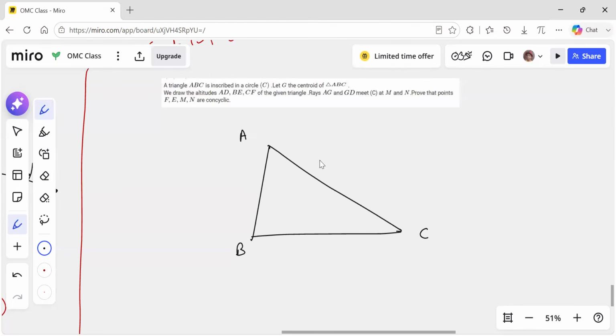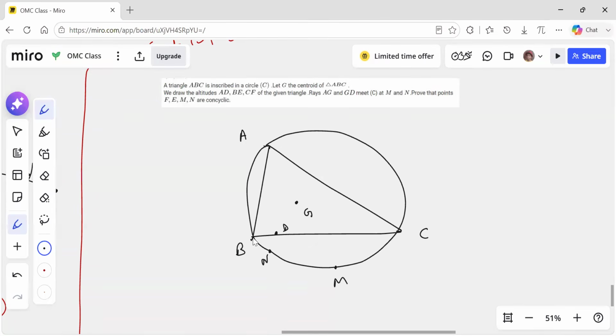Yes, you need that. So let me just, who the hell calls a circle C? Here you have G, somewhere. I guess this is D. So you have AG meets C at M. N, and F. These are our normal nice points.